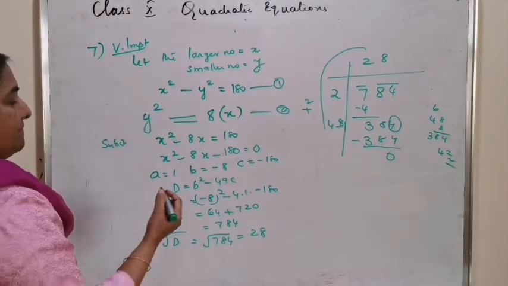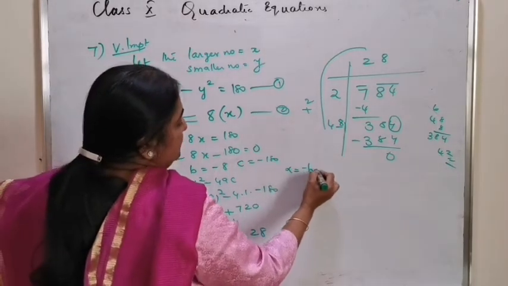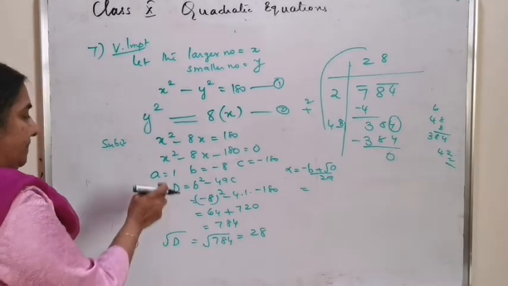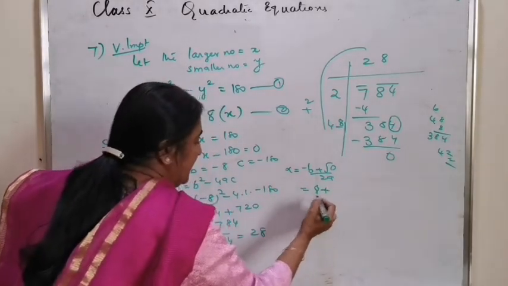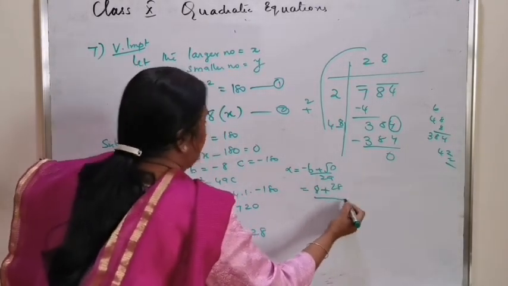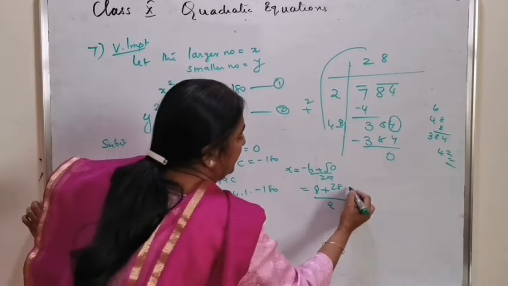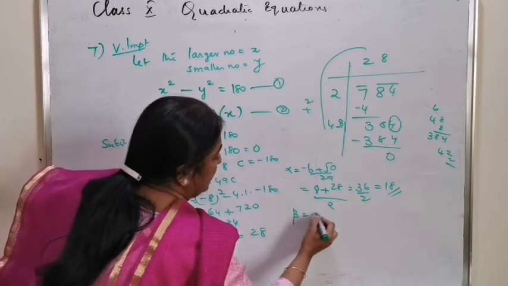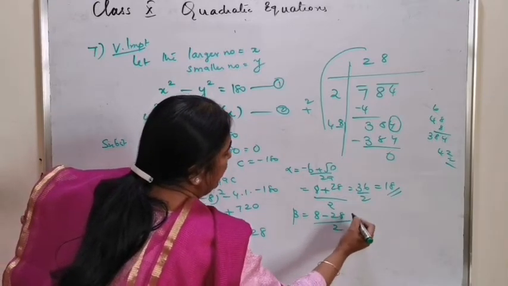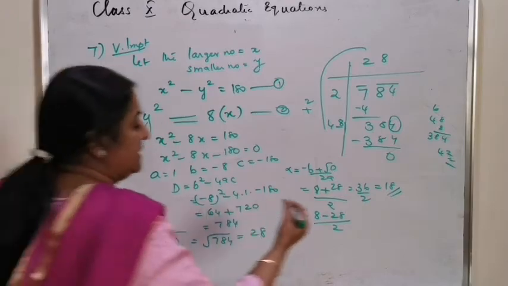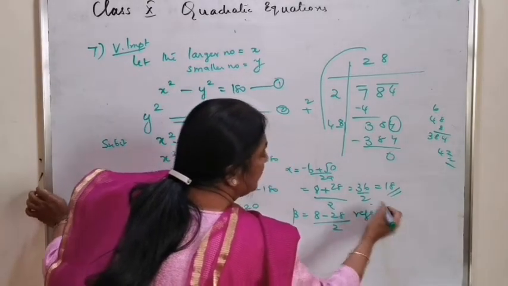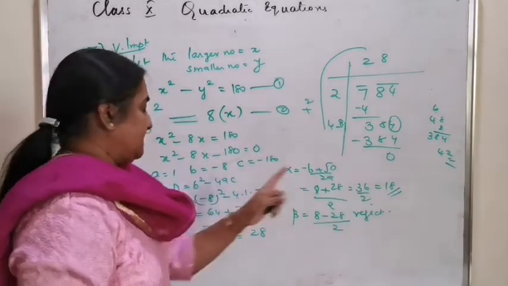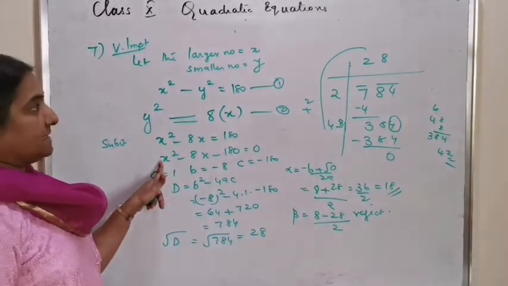So what are the numbers? Alpha is equal to minus b plus root D by 2a, which is equal to 8 plus 28 by 2. That is 36 by 2, which is equal to 18. Beta is equal to 8 minus 28 by 2. Negative number, reject. So what are the numbers? We have to substitute and see. That means our equation is in x.